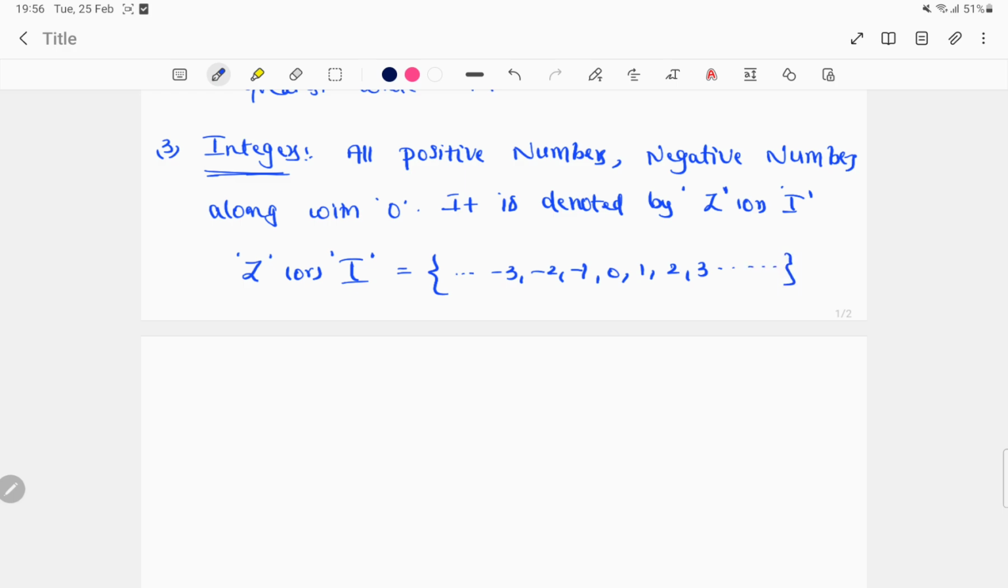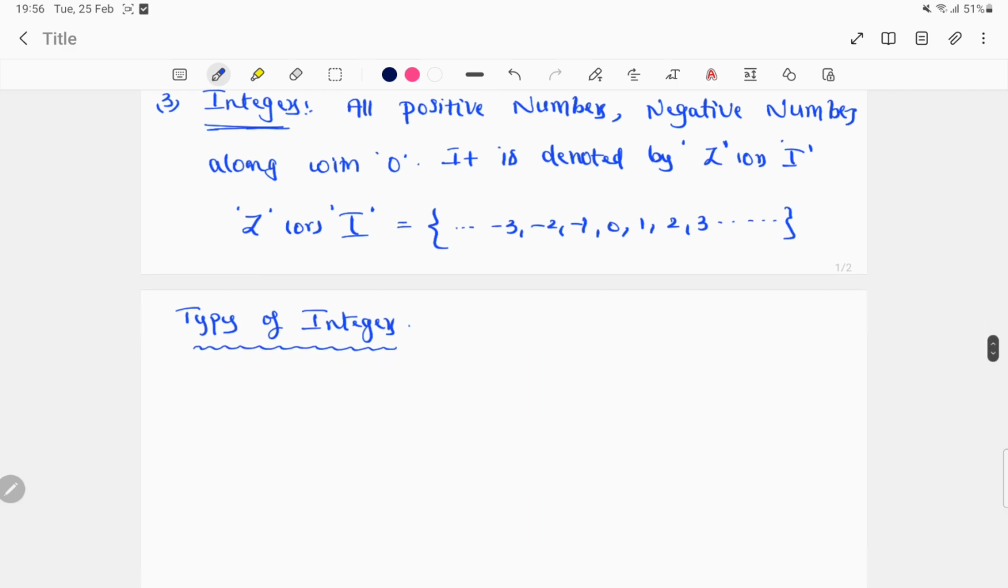So here there are types of integers. For example, 1, 2, 3 and so on are called positive integers, which is represented by Z plus.